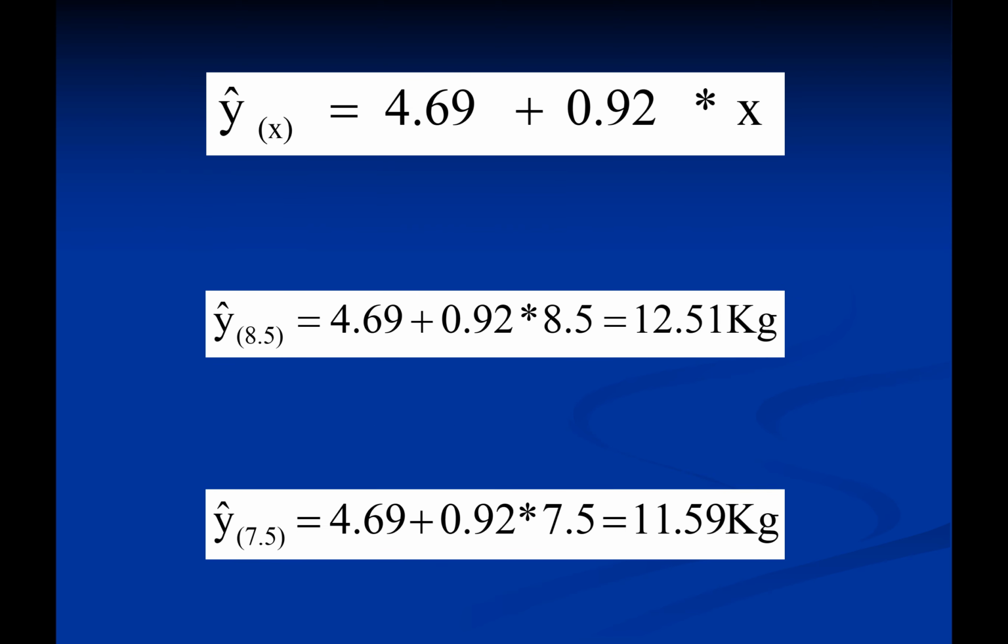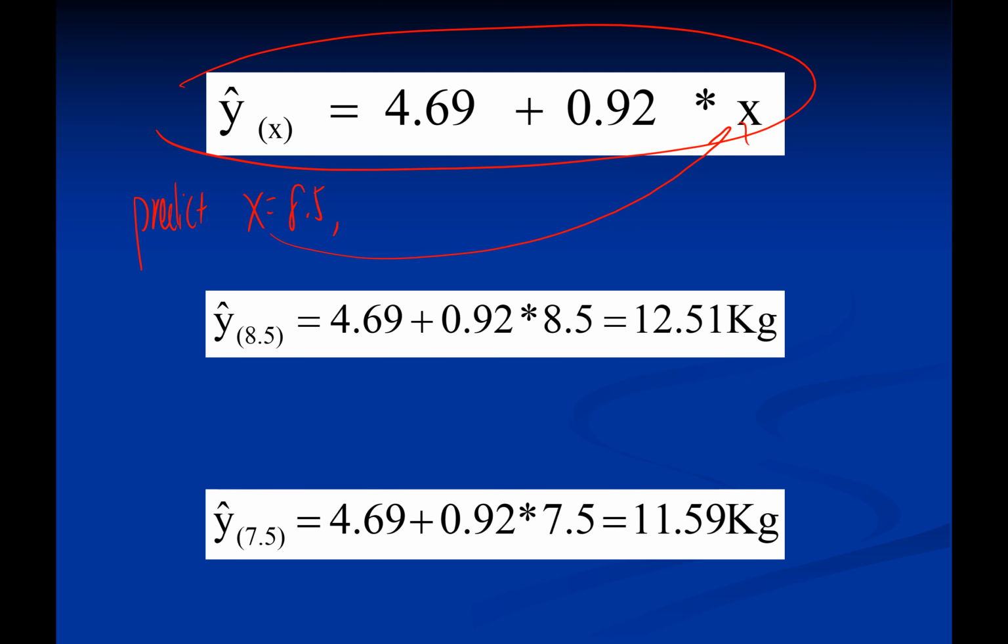Now, in order to predict, we try to predict when x equals 8.5 years, what is the predicted weight for this 8.5 year old child. You have a regression equation here. You just plug the given x value into the regression equation. So it's 4.69 plus 0.92 times 8.5 equals 12.51 kilograms.